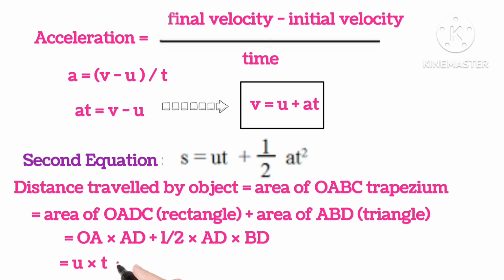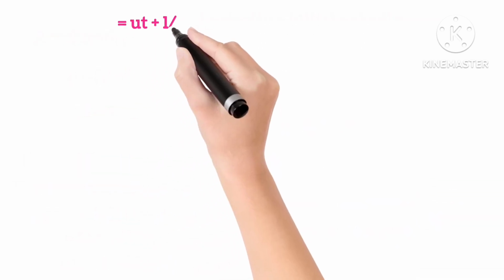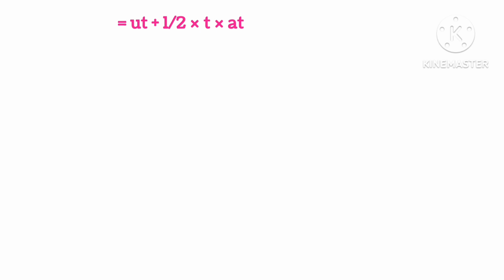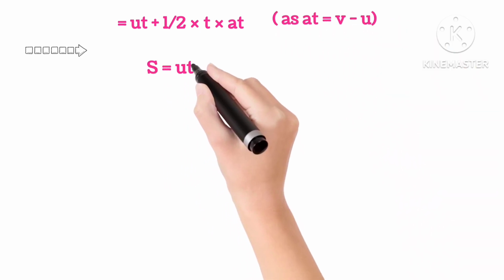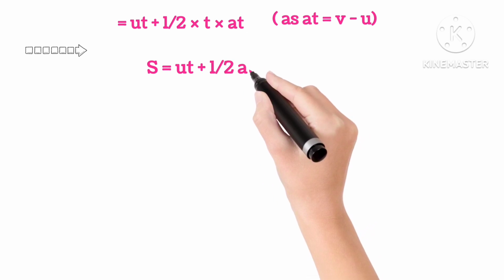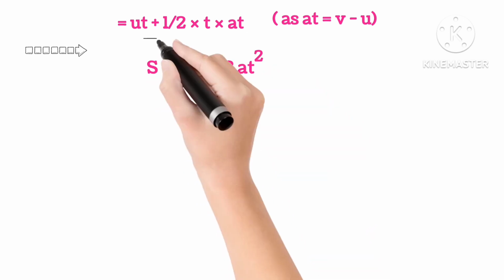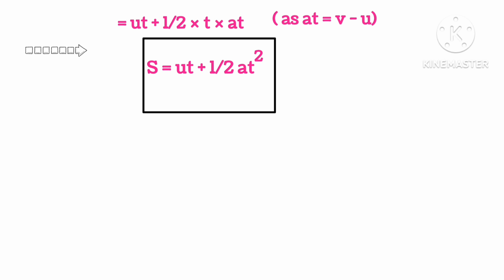Now putting the values, we get u into t plus half t into v minus u, which is equal to ut plus half t into at, as at is equal to v minus u. So now we get s is equal to ut plus half at square. This is our second equation of motion.